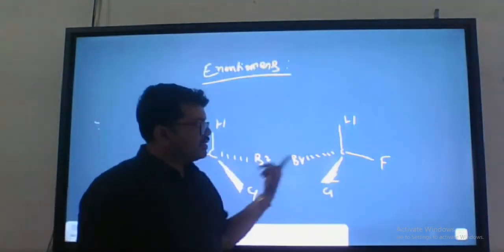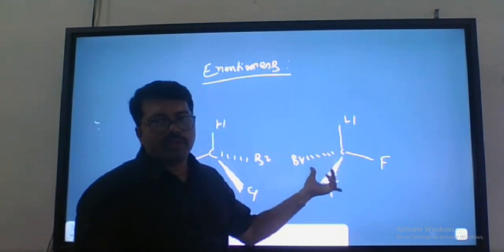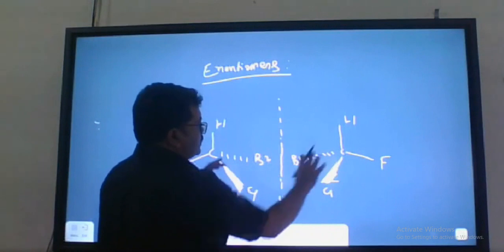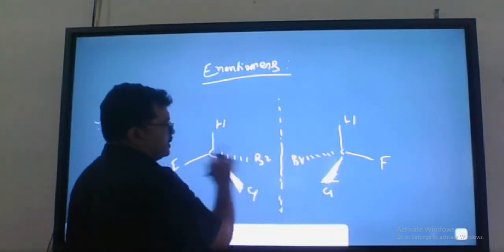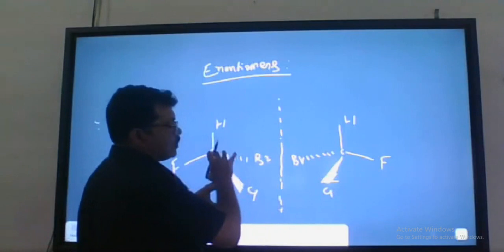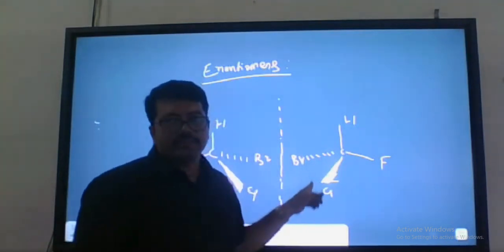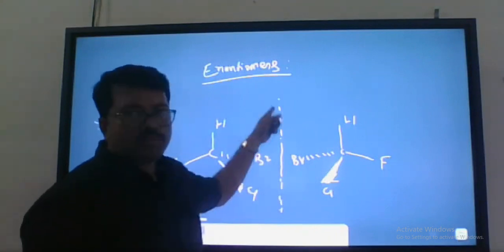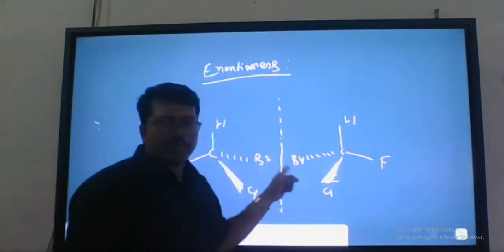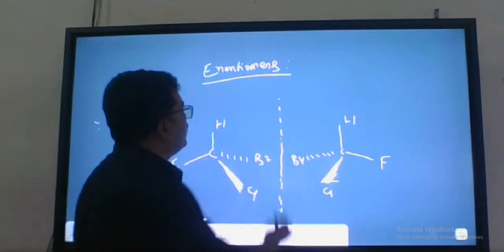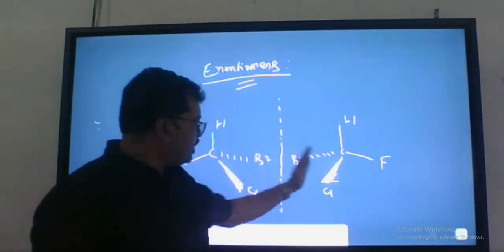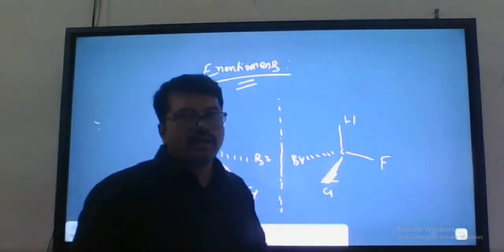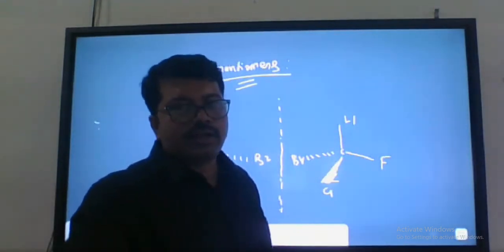A pair of molecules, two molecules, which are non-superimposable mirror images. See, you cannot superimpose this molecule on the other, but they are mirror images. So a pair of molecules which are non-superimposable mirror images of each other are called enantiomers. This word is very important.